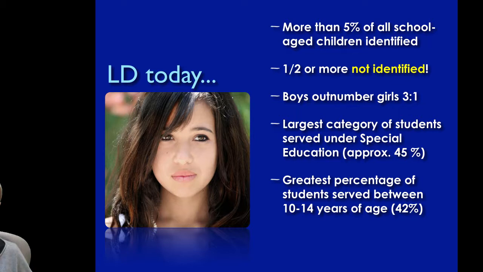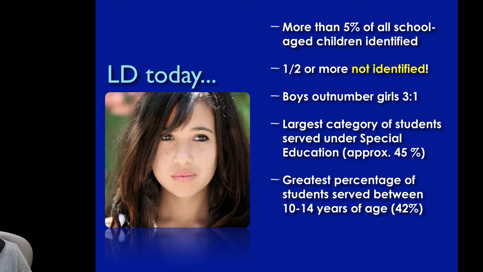Boys outnumber girls in being diagnosed with learning disability. We're not entirely sure why that happens. If it is more likely that boys have learning disability, or if it's simply more likely that they're identified.